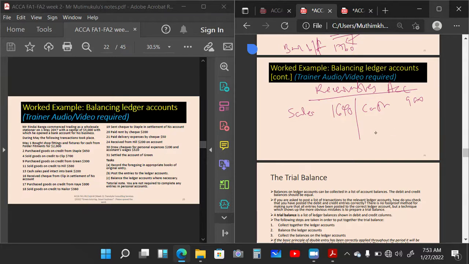So we have to total up 1640. But 900 and 1640, it means that there is something missing here. Balance CD. You obtain the difference: 1640 minus 900, that's about 740.